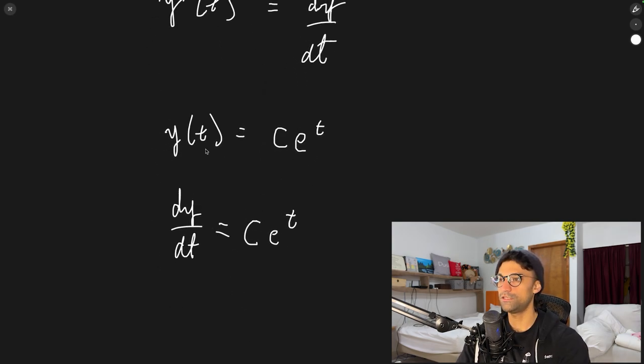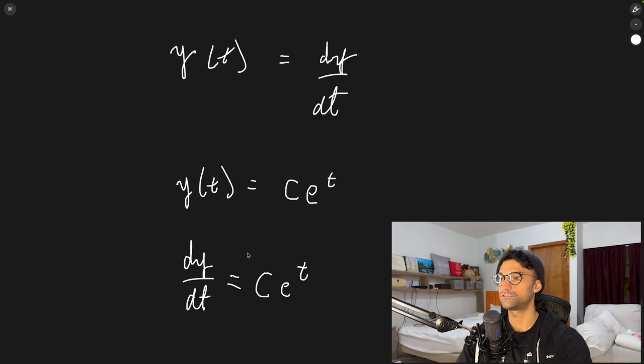And now we see that y of t equals dy/dt. So this function, c e to the t, satisfies this differential equation, right? So that's an example. Let's do another example.